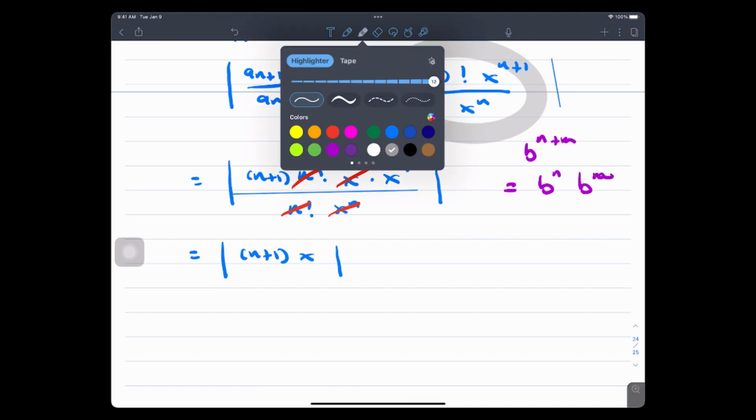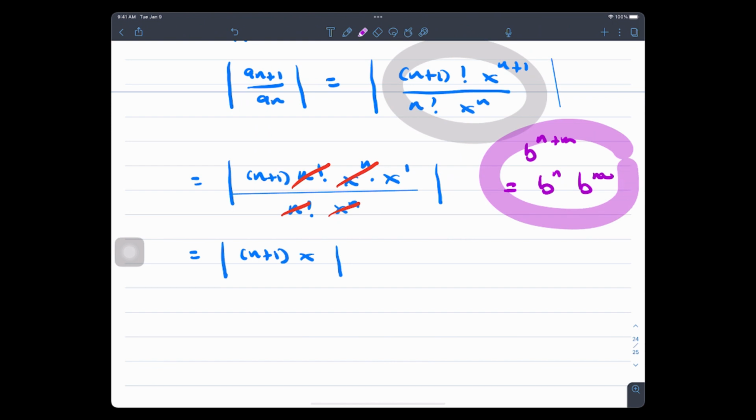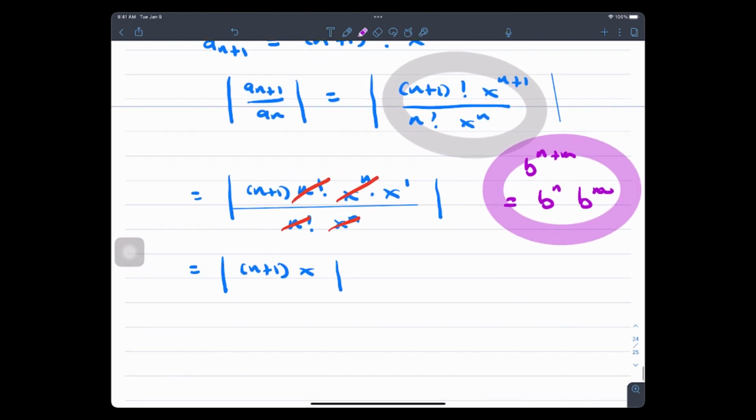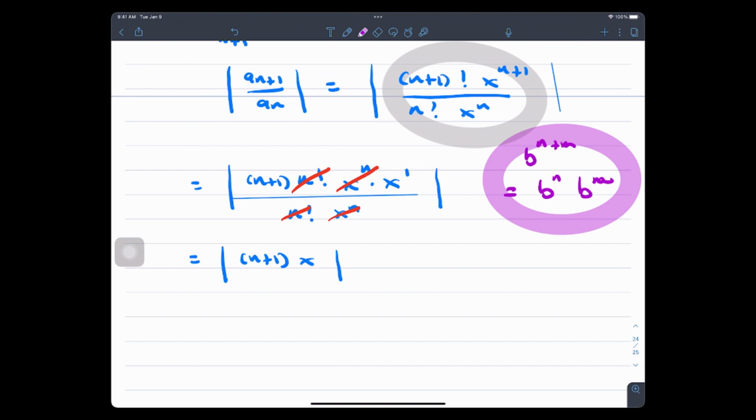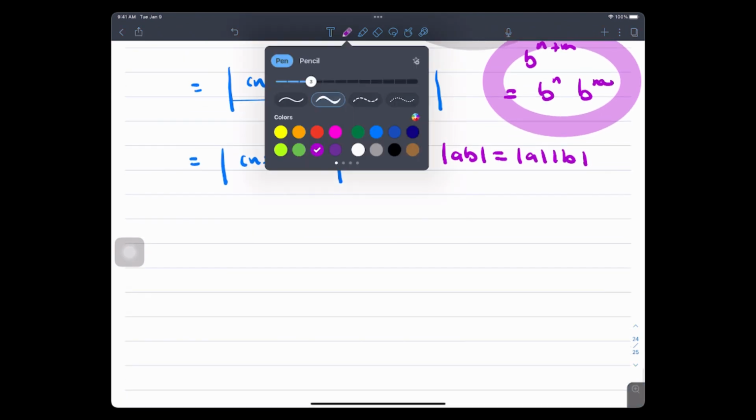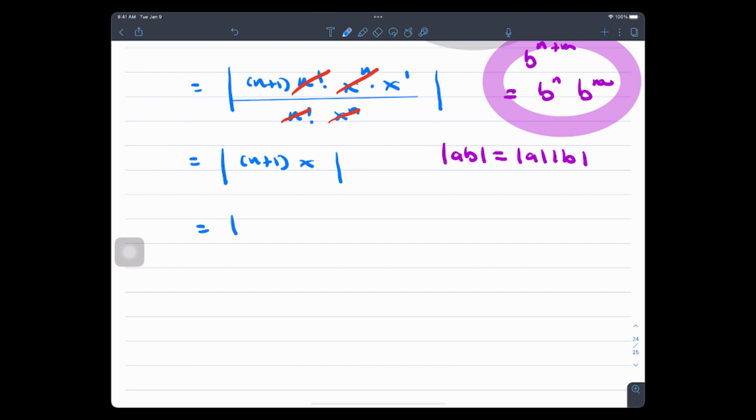That's beginning algebra. And then here, we always use properties of absolute values. The absolute value of a product is the product of the absolute values. So now this becomes the absolute value of n plus 1 times the absolute value of x.